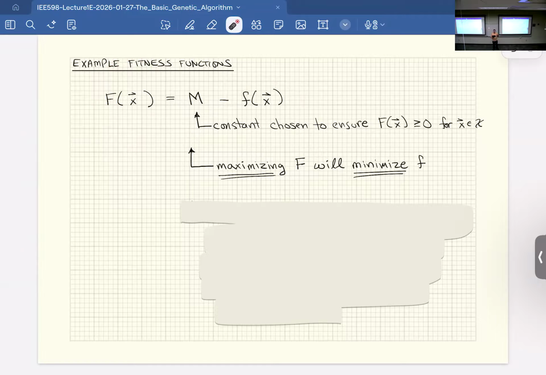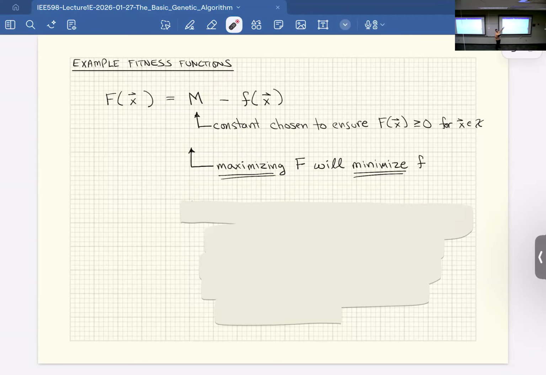But in order for my fitness function to be guaranteed to be non-negative, I need this capital M, this new hyperparameter, which shifts that up to guarantee that this difference is going to be positive.